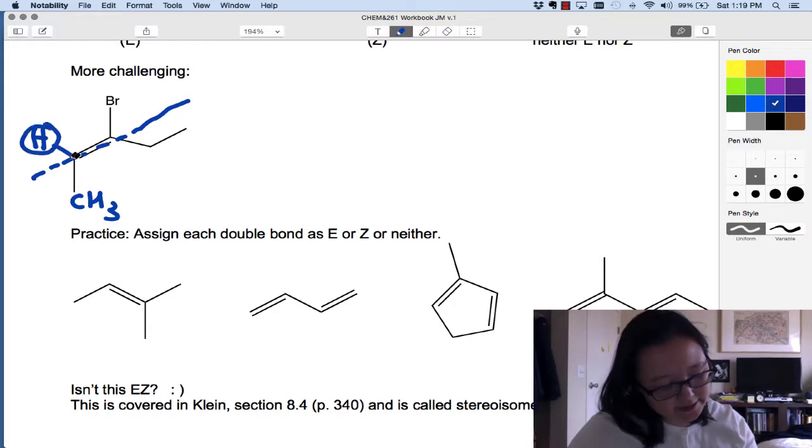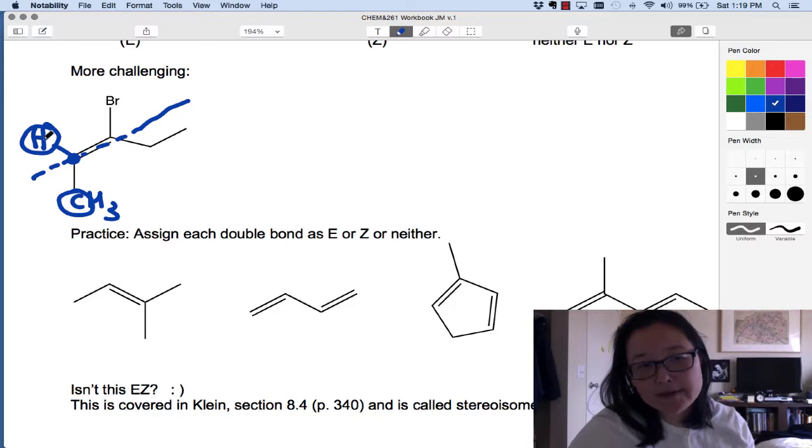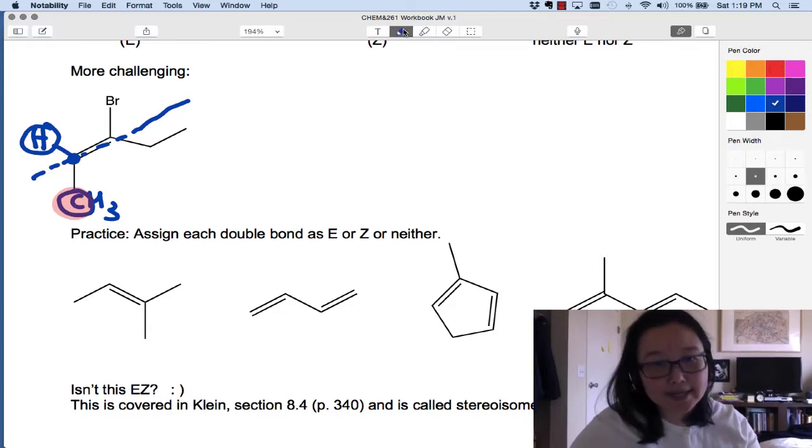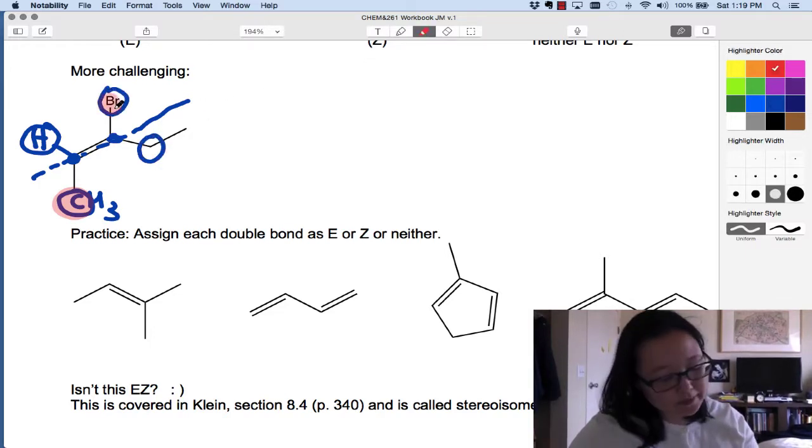This H is attached to the carbon, and so is this carbon. I'm not comparing the methyl group, I'm comparing the carbon, and I go based on mass. Carbon is heavier than hydrogen, so the carbon wins. That's one thing I'm using to compare. Then on this side of the double bond, I look at the bromine and the carbon, and bromine is heavier, so bromine wins.